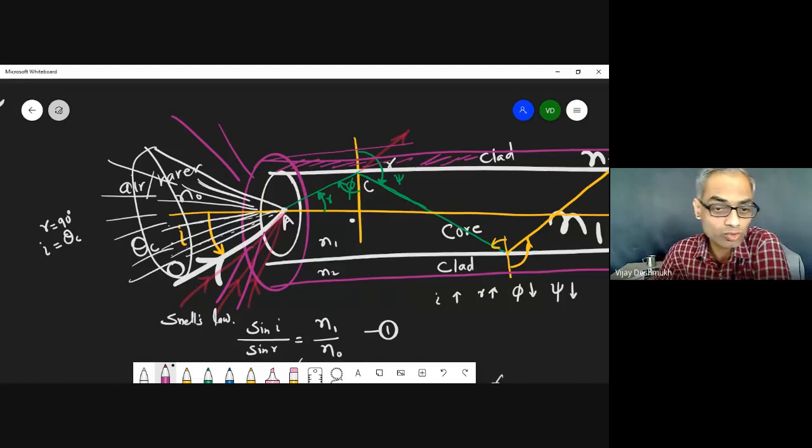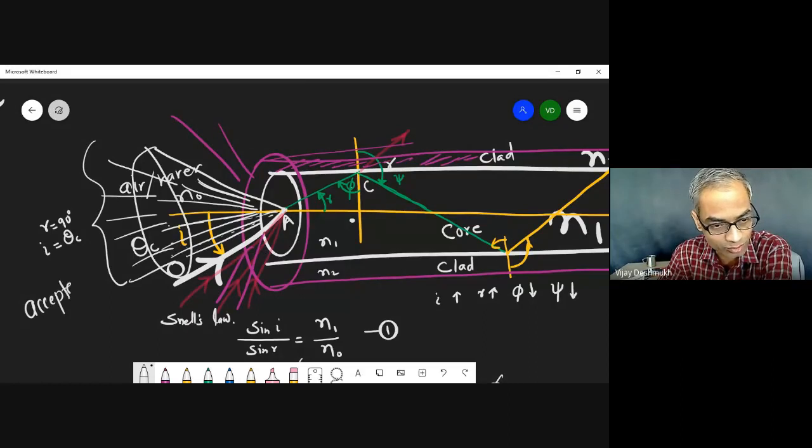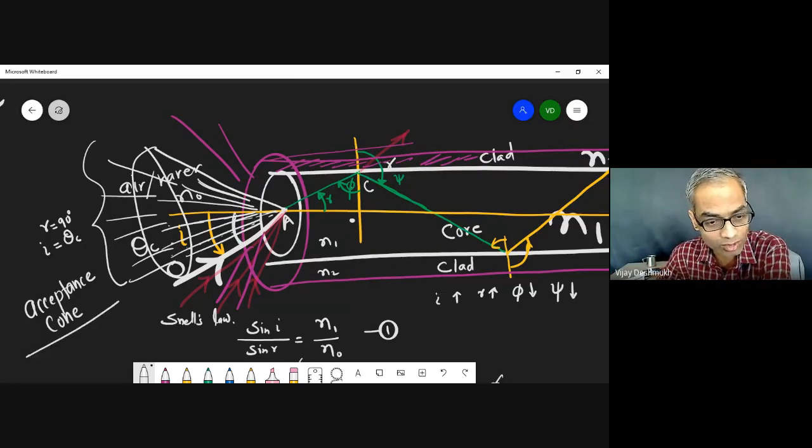Whatever light is incident in this cone is accepted, whereas light incident outside the cone is not accepted. Therefore, this cone is called the acceptance cone, and this angle, theta c, is called the acceptance angle.